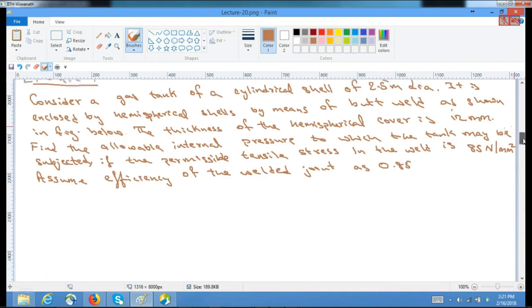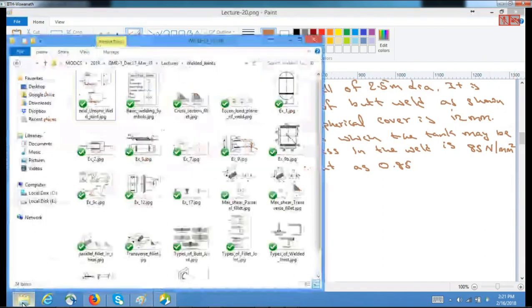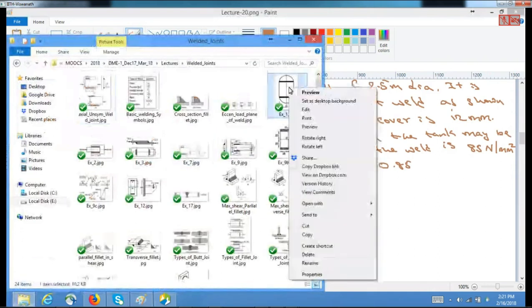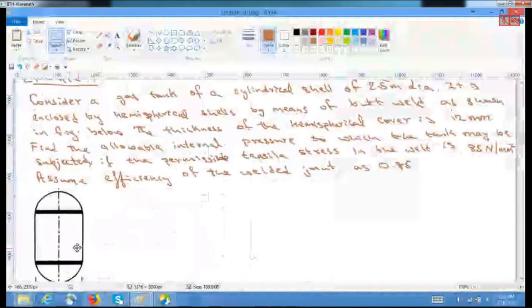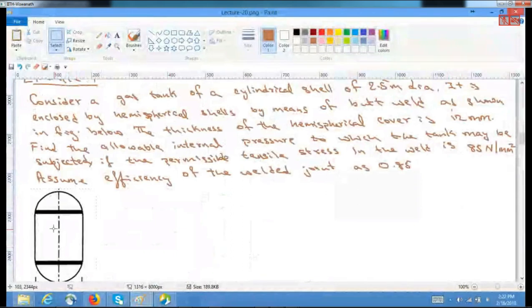So for this, let us see the tank, how it is there. This is the tank cylindrical shell over which this hemispherical and this hemispherical are joined.